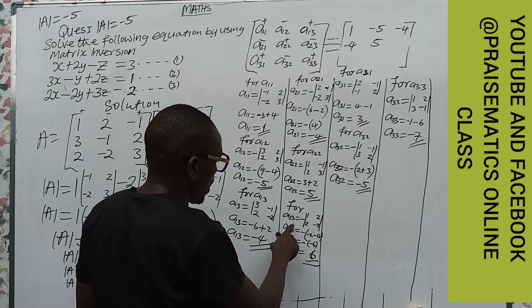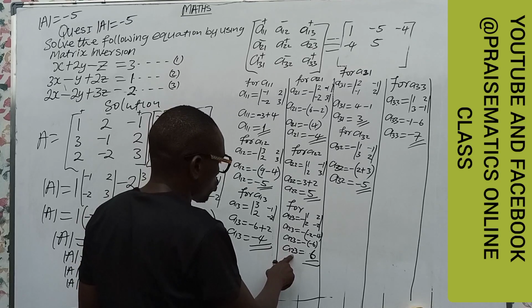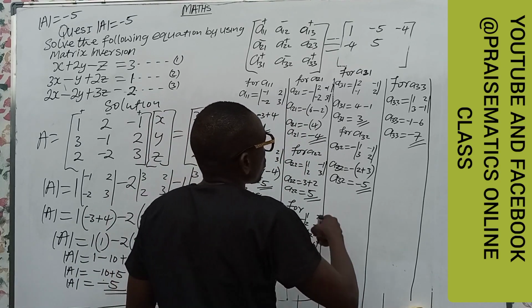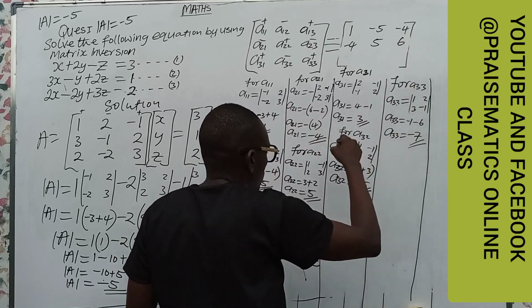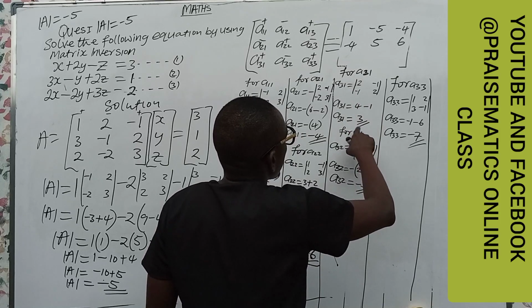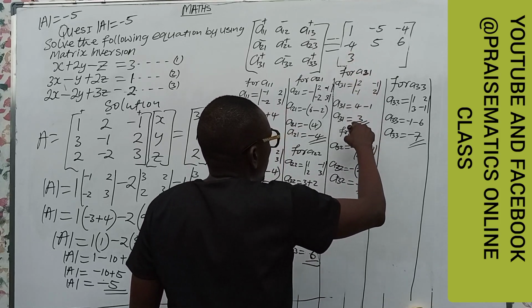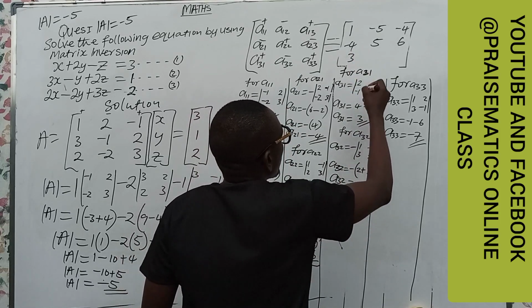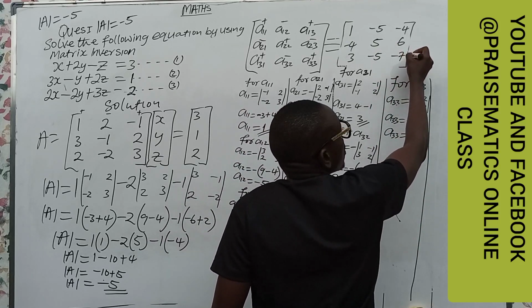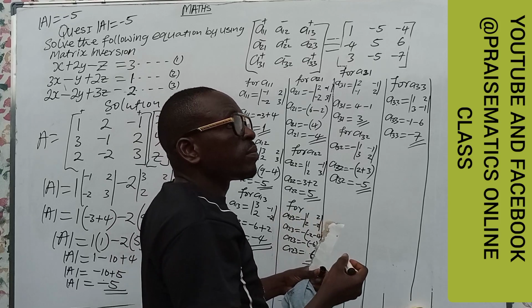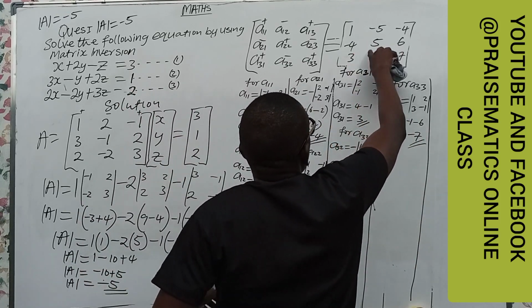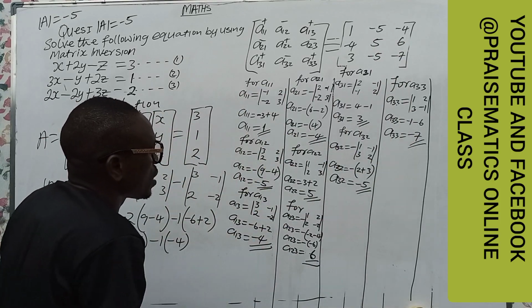A23 6. A31 3. A32 minus 5. A33 minus 7. So now what do we have? We have succeeded in getting this.